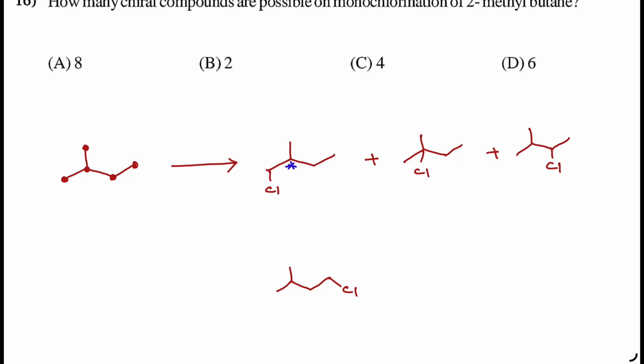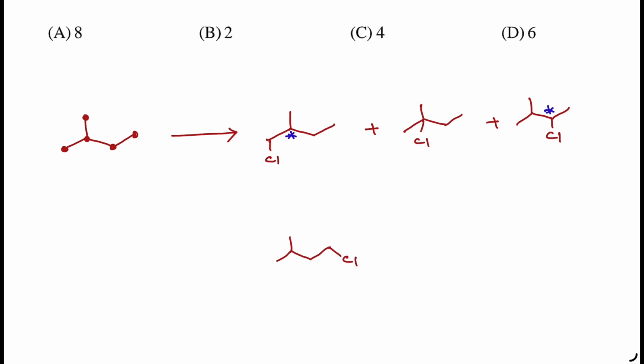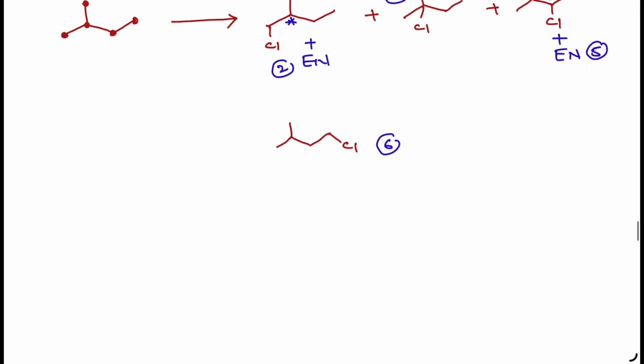In the third one, yes, here we have one chiral center. Fourth one, there is no chiral center. So it has one enantiomer. So the first one, its enantiomer. This will be the third now. Fourth one, and its enantiomer. And here this is the sixth one. So the answer must be D.